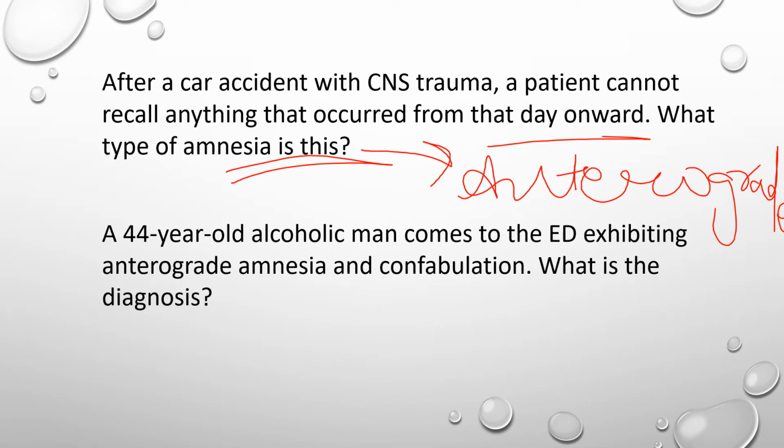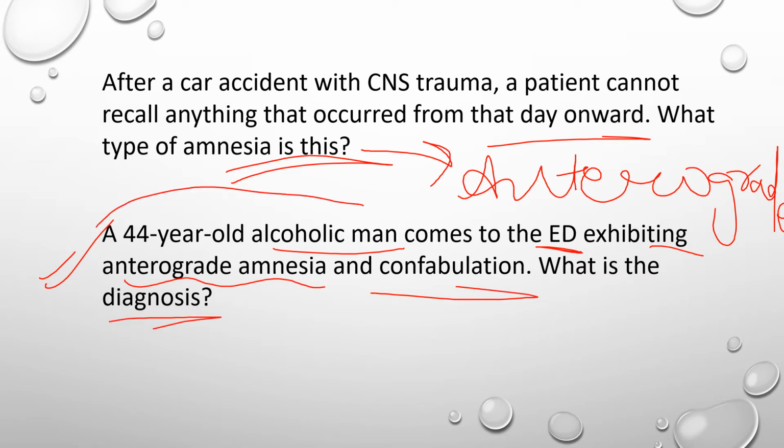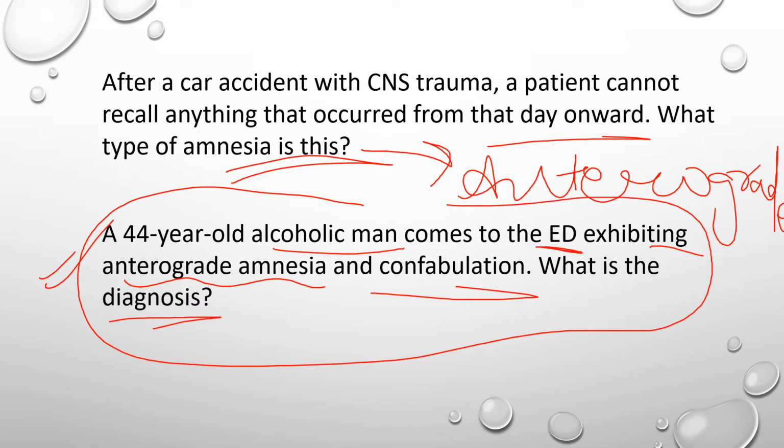Now, the next case says that a 44-year-old alcoholic man comes to the emergency department exhibiting anterograde amnesia and confabulation. What is the diagnosis? So here also there is a case of anterograde amnesia, but there are other key points related to it, like alcoholic man and confabulation.